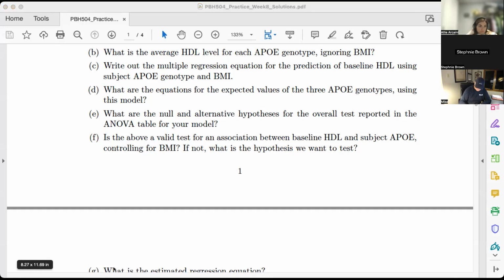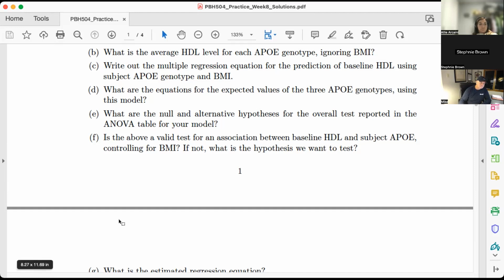So the reference category group is going to be E4, right? So just like homework or practice last week, we're going to have a dummy variable for E2, a dummy variable for E3. So that's important. When I ask you this for homework, write out the equation for the prediction. This means before we get the numbers, basically I'm asking you to make sure you know what the dummy variables are. Okay.